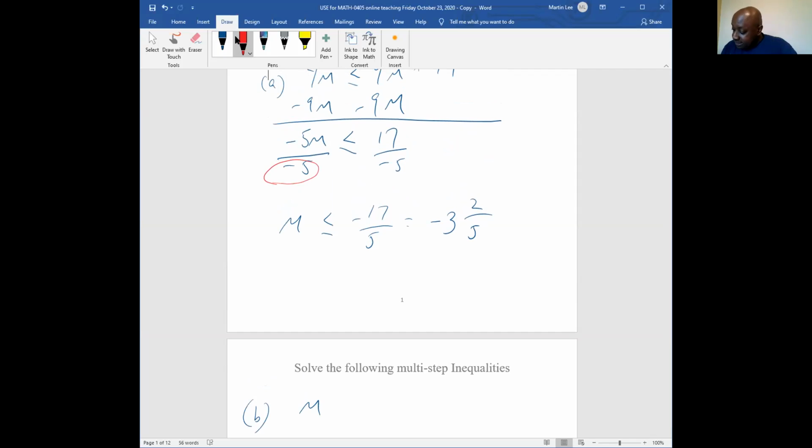So that means this inequality sign changes from less than or equal to, to greater than or equal to. And again, it changed directions because we were dividing by a negative number.